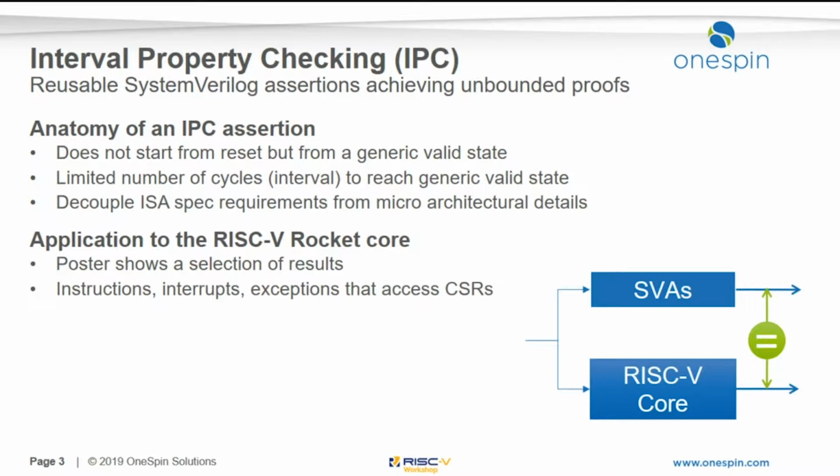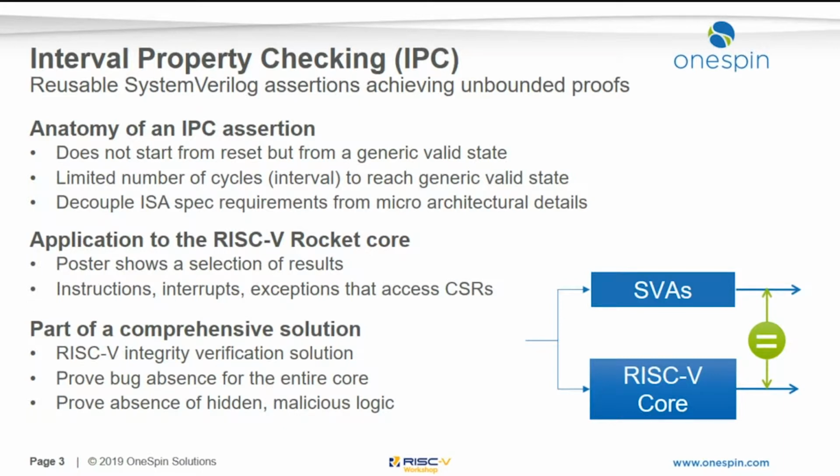In the poster session, it shows different details on how the CSRs are verified using interval property checking. By verification of CSRs, I mean cases like instructions updating the CSRs, instructions that raise exceptions, interrupts, debug, and exceptions and errors that can occur.